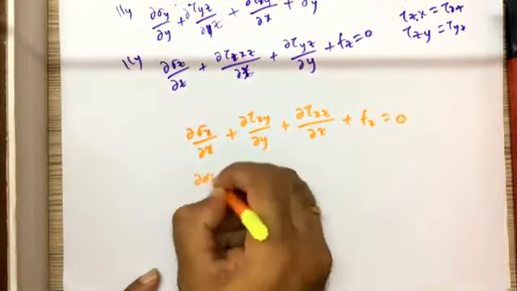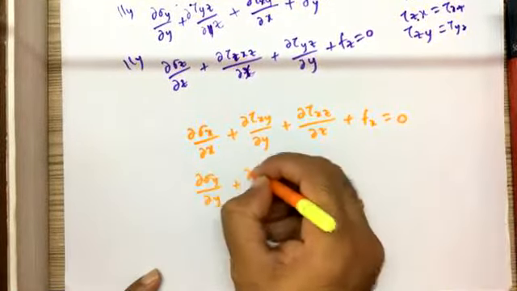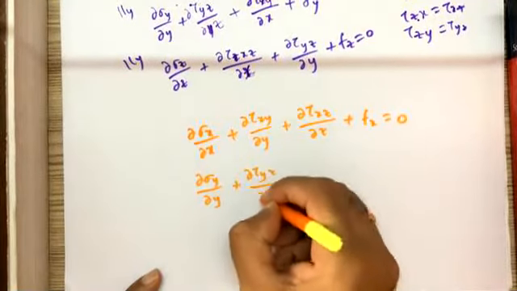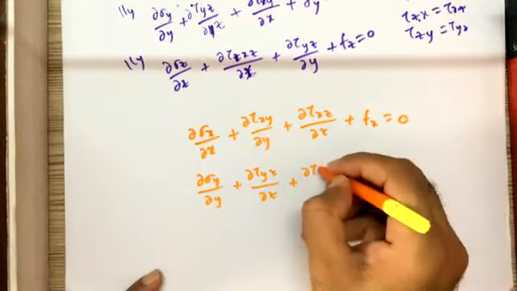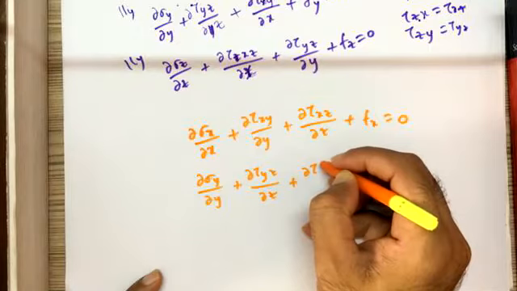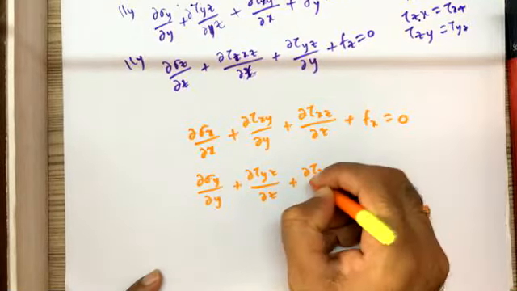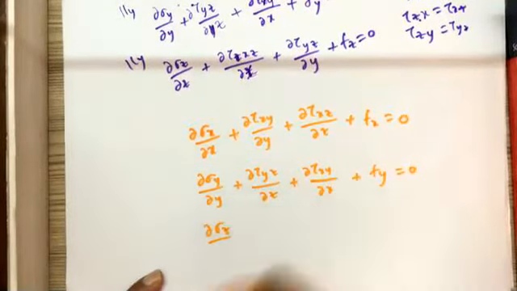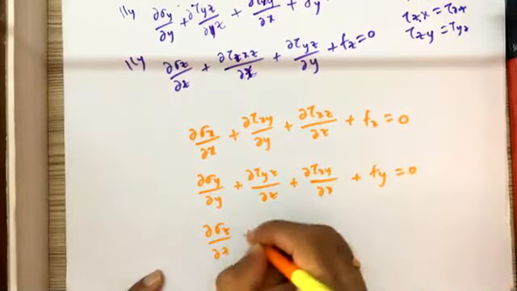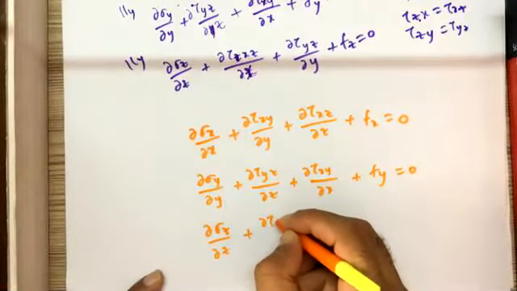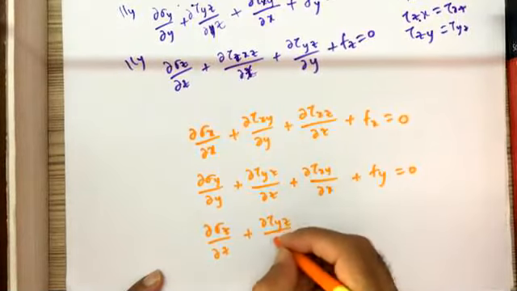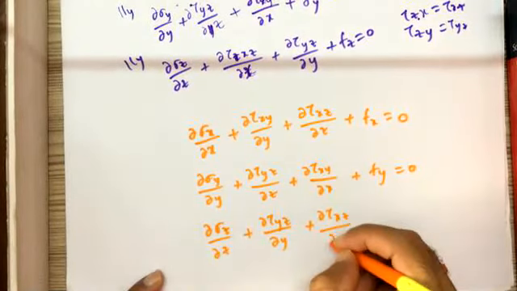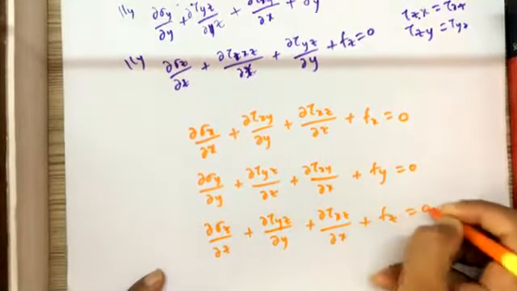Similarly, ∂σy/∂y plus ∂τyz/∂z plus ∂τ, yx is same as xy, so ∂τxy/∂x plus fy is equal to 0. Similarly, ∂σz/∂z plus ∂τ, zy is same as yz, so ∂τyz/∂y plus ∂τ, zx is same as xz, so ∂τxz/∂x plus fz is equal to 0.